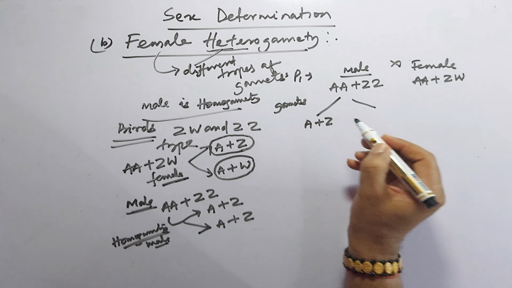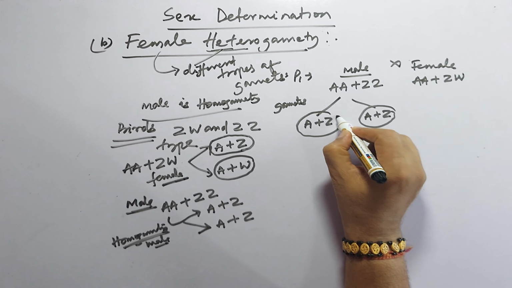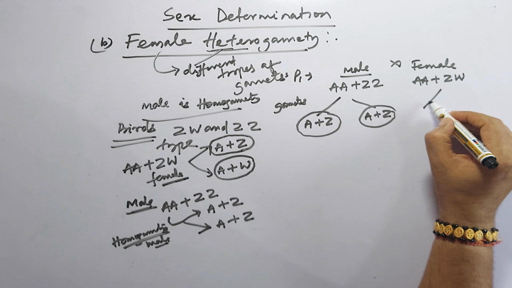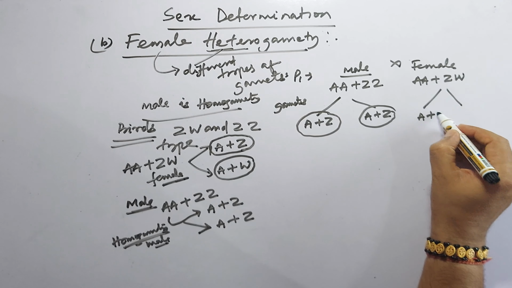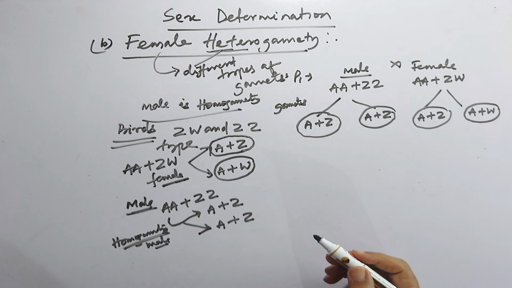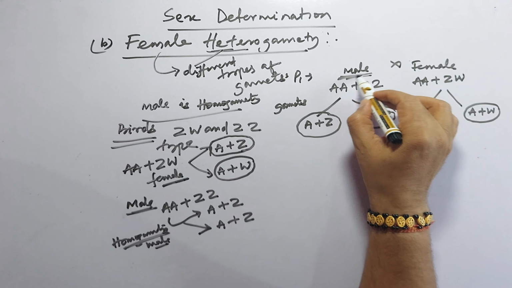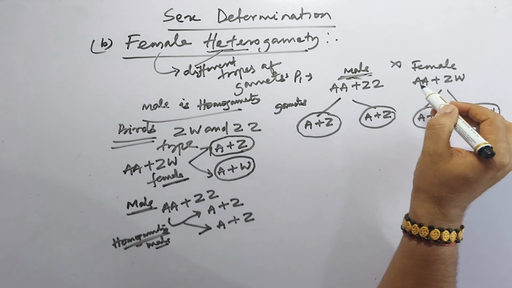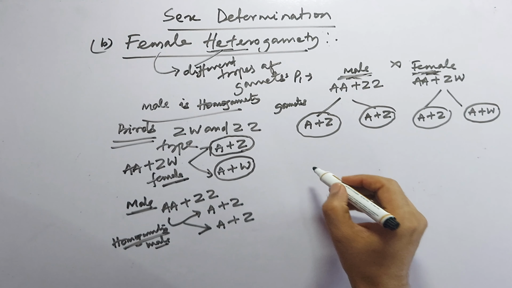A plus Z, A plus Z, both the gametes are same, and A plus Z and A plus W, here both the gametes are different. I am again giving emphasis here, the male is producing homogametes and the female is producing heterogametes.